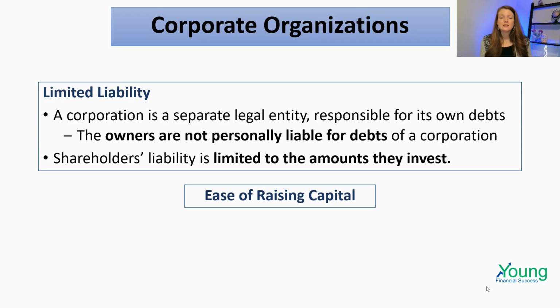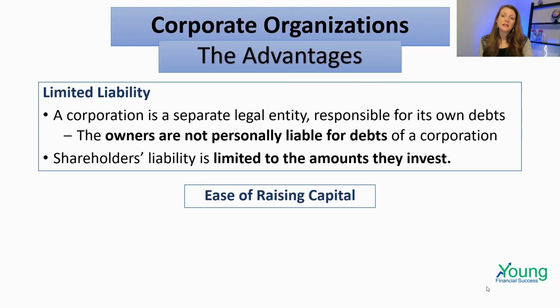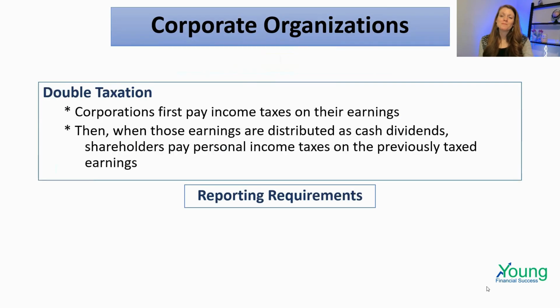It's really easy to get people to invest whenever the shares are sold on the stock exchange. Or if it's a private company, you can get investors privately as well, and that can be easier because they're not afraid of the liability here. So those are the advantages of a corporate organization.